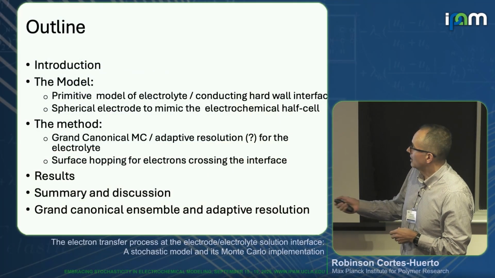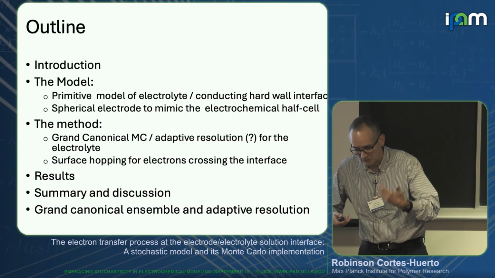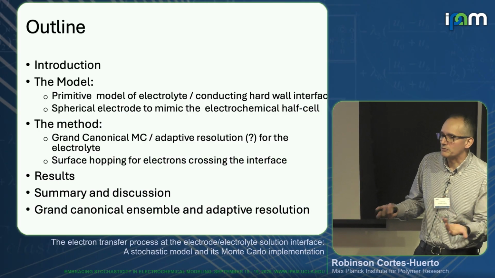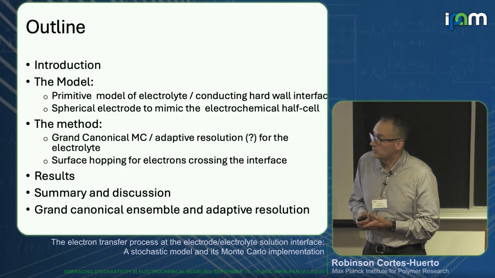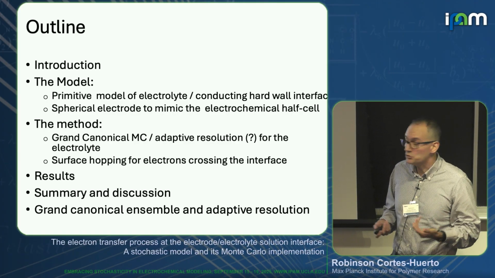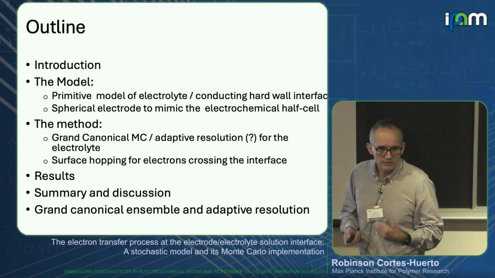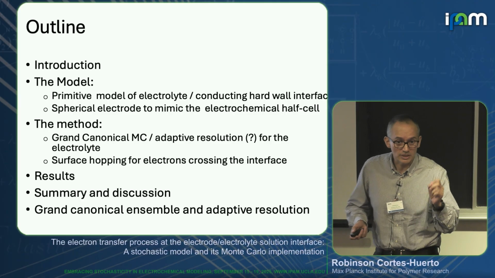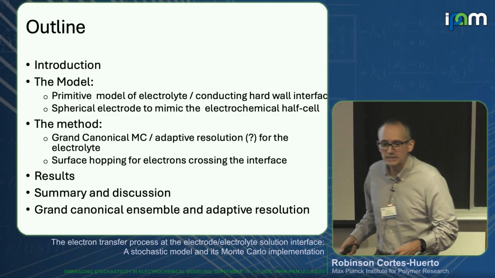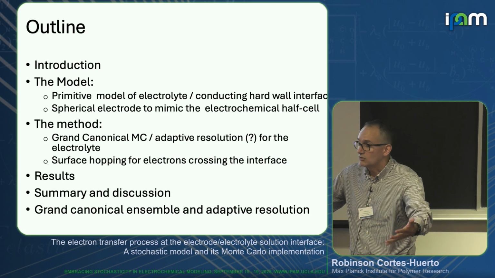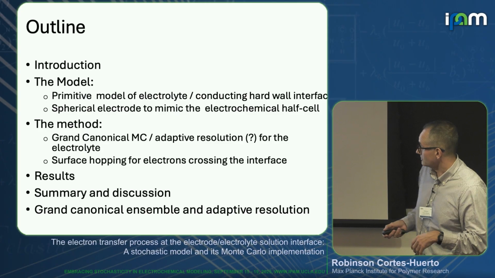So this is the outline of the talk. First, I will discuss the model. I will need to introduce the motivation: why are we dealing with this kind of modeling, and why we believe it could be useful. Then I will go into the details of the model, the different components that we need to take into account: grand canonical simulations, because we want the electrolyte to be in contact with an infinite reservoir of particles.